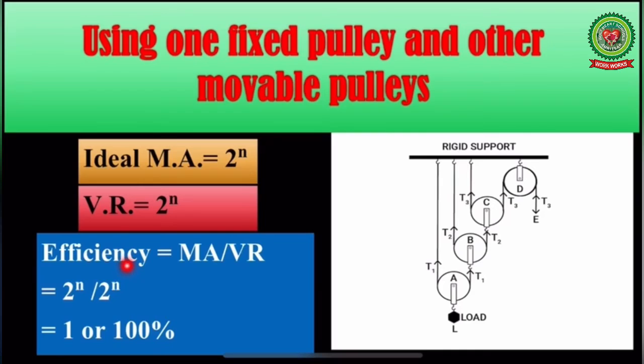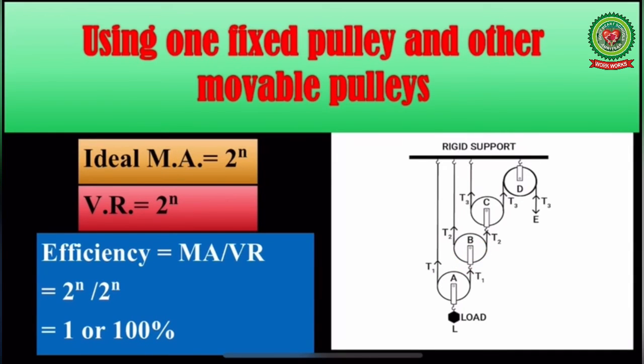Efficiency of this system is equal to mechanical advantage over velocity ratio, which is equal to 2 raised to power n over 2 raised to power n, equal to 1 or 100%. But in practice, the efficiency is always a little less than 100% due to loss of energy due to friction between the strands and the pulley bearings.